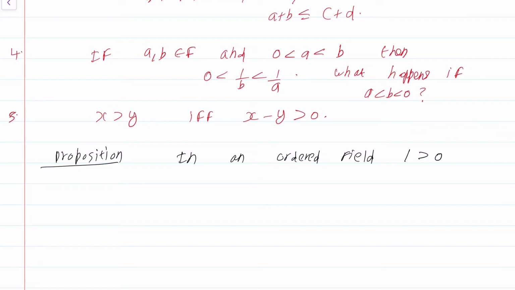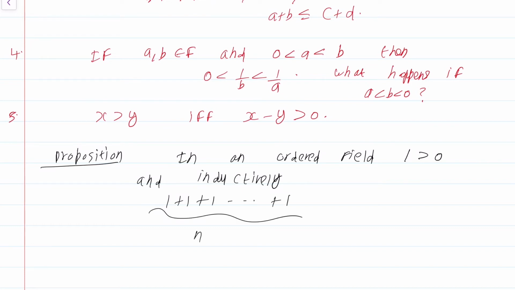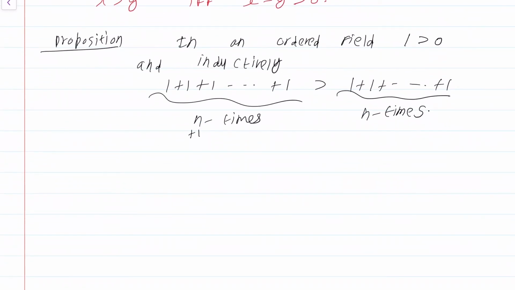Not only do you have 1 greater than 0, and inductively 1 plus 1 plus 1, n times, is greater than n plus 1 times is greater than 1 plus 1 plus 1 plus 1, n times. Okay, so we have 1 greater than 0, and inductively 1 plus 1 plus 1 plus 1 is always greater than 1 plus 1 plus 1, n times alone.